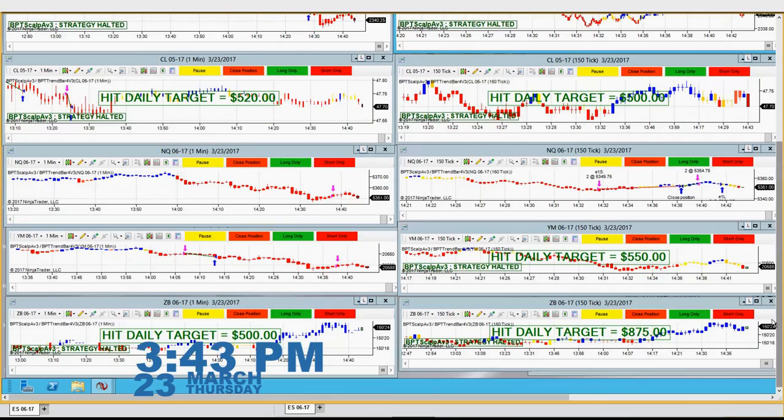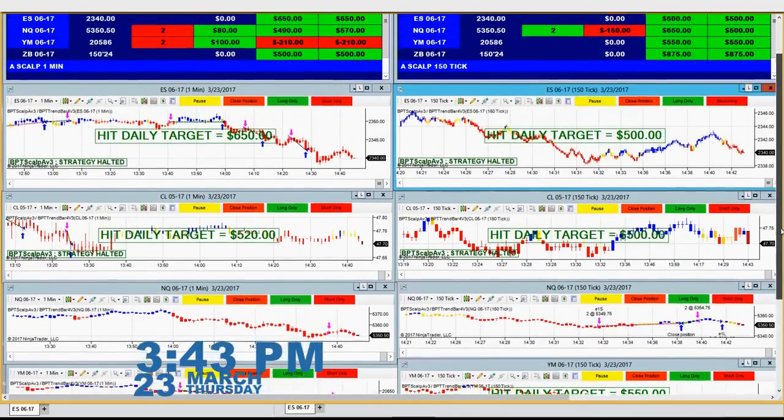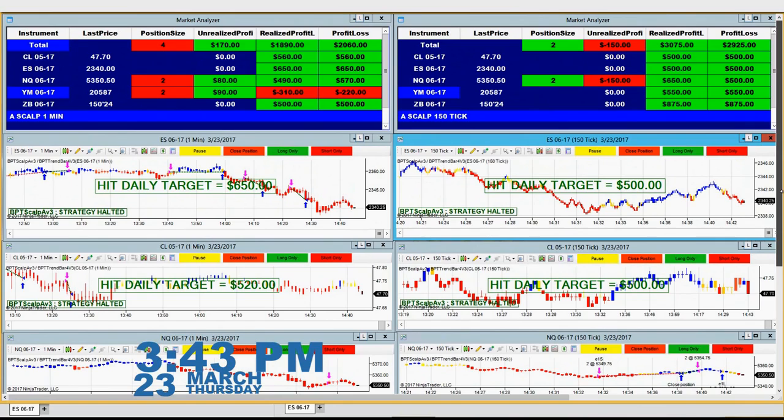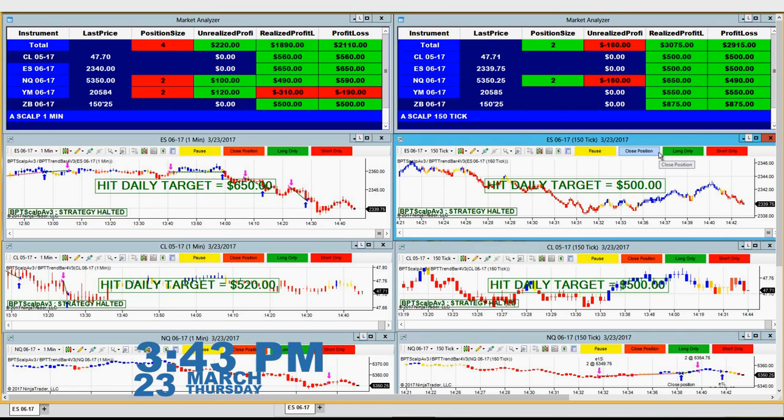and you can see the 875. And this is something, when your daily target is 500 and you have one more trade, if it's going in your favor, it's not going to shut off the auto trade at 500 exactly.